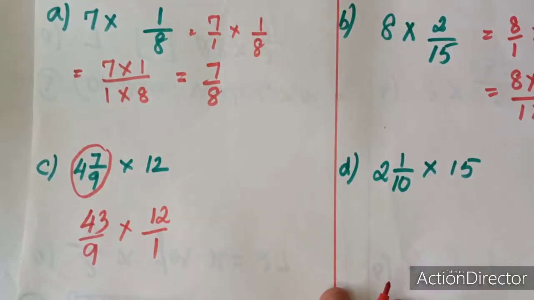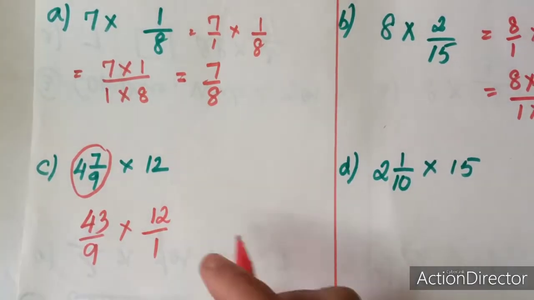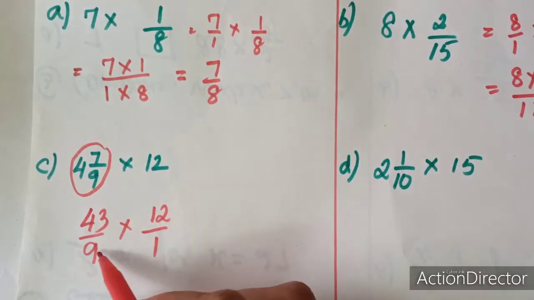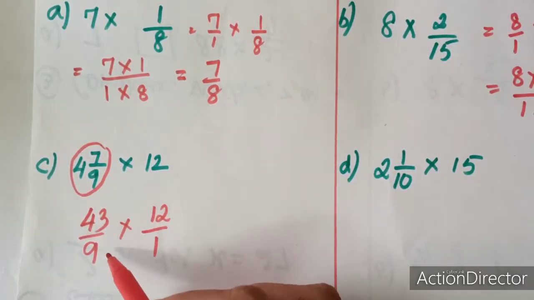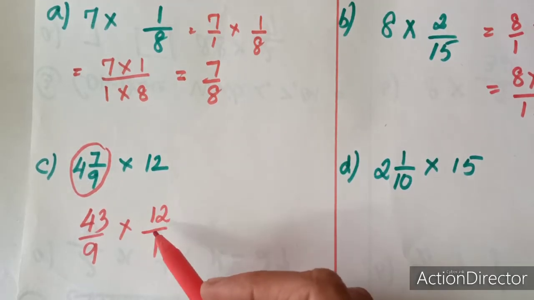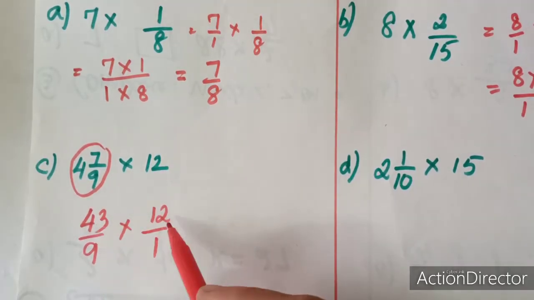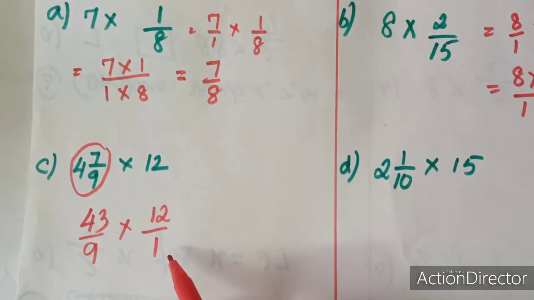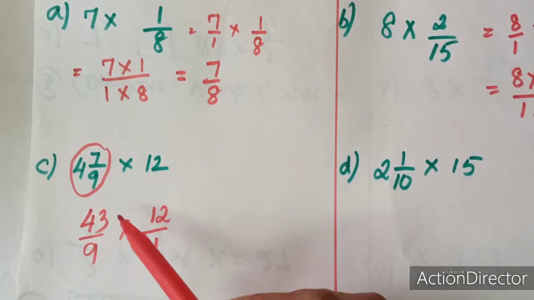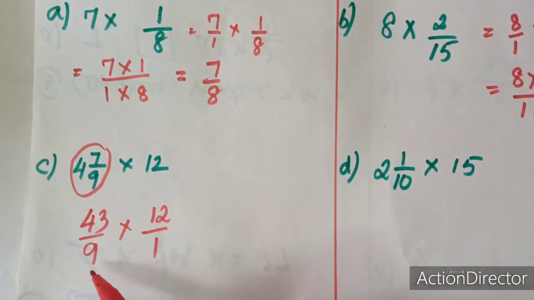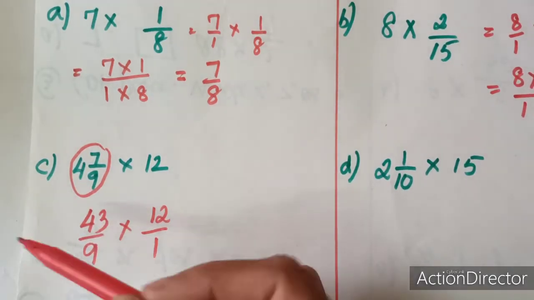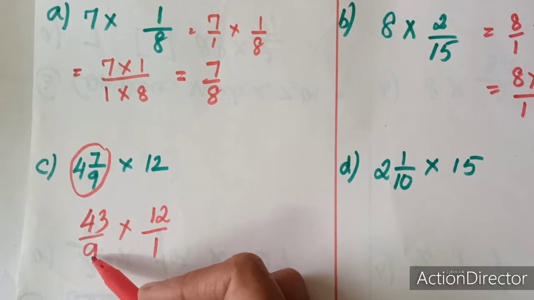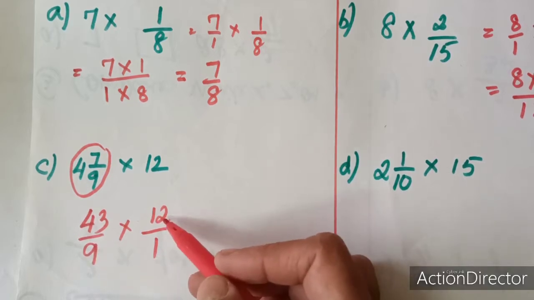Now before multiplying 43 into 12 upon 9 into 1, first you have to check whether any numerator or denominator can be cancelled. I cannot cancel numerator and numerator or denominator and denominator. I can cancel only a number in the numerator with a number in the denominator. Now if I check, I can see that 9 and 12 come in the 3 table.